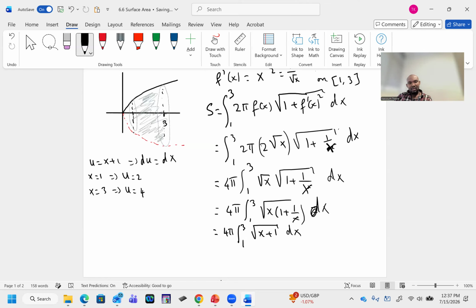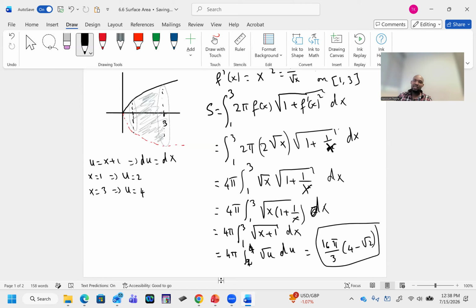And then you just integrate 4 pi, the integral 2 to 4, not 1 to 3 anymore, of square root of u du. And then you will see the answer will be 16 pi over 3 times 4 minus square root of 2. That's it. Let's move to the next one.